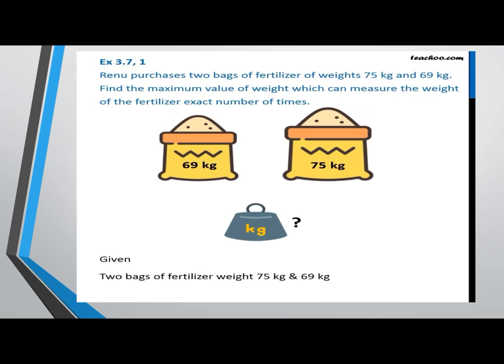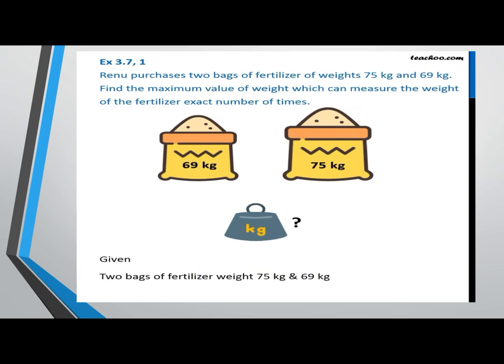Now there is a problem sum for you. You just think of it. Renu purchases 2 bags of fertilizer of weight 75 kg and 69 kg. Find the maximum value of weight which can measure the weight of the fertilizer an exact number of times.